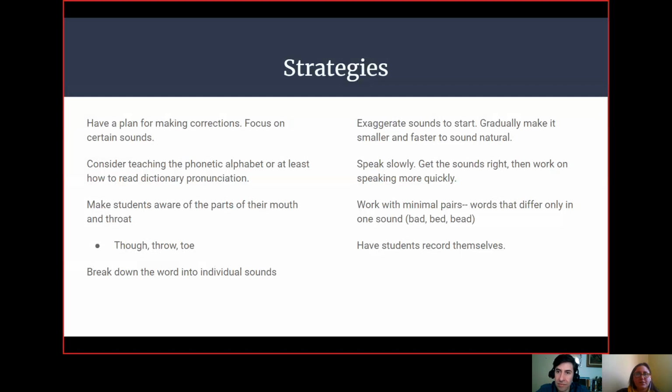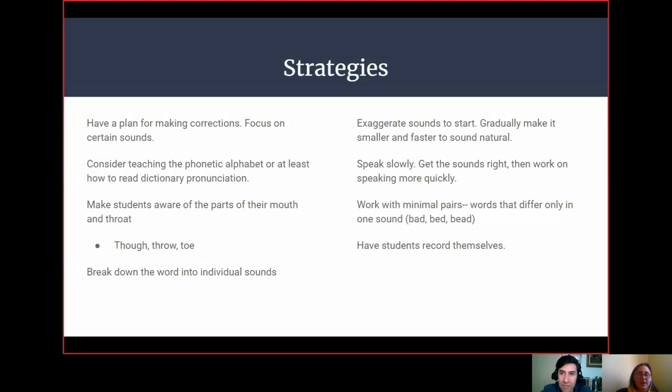But fix the mistakes. The second point is to read dictionary pronunciation.